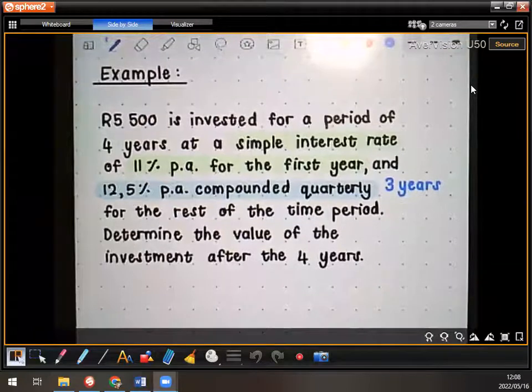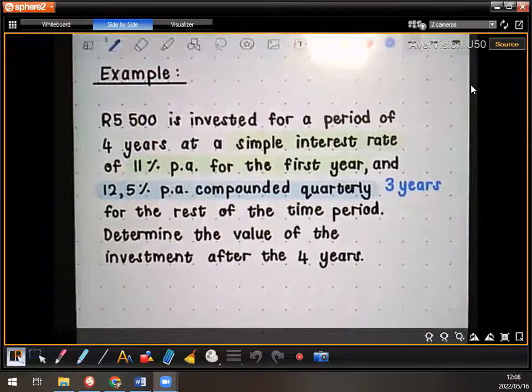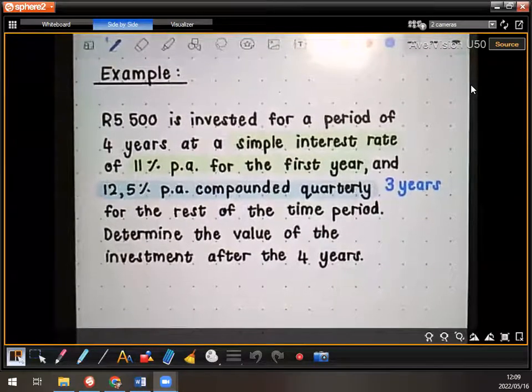I'm assuming, just from my experience, that many of you will want to do this in 2 separate calculations: a calculation for 11% for the first year, and then another calculation for the 12.5% for the 3 years. But I really want you to try and get away from that. When we are doing more complicated questions tomorrow, it causes a big mess if you're doing separate calculations for every single thing that's happening.